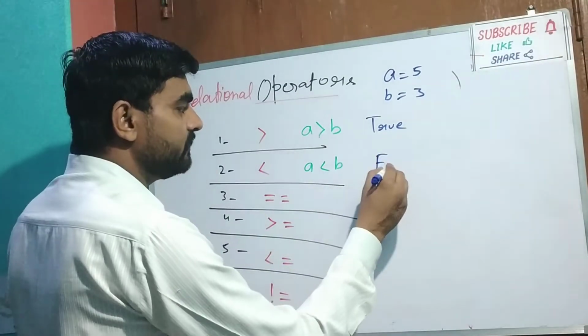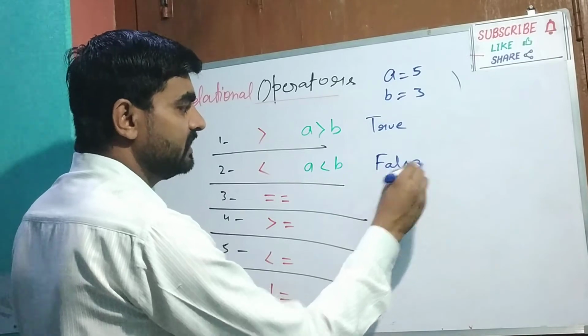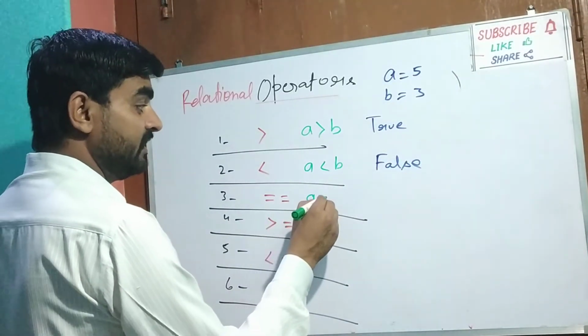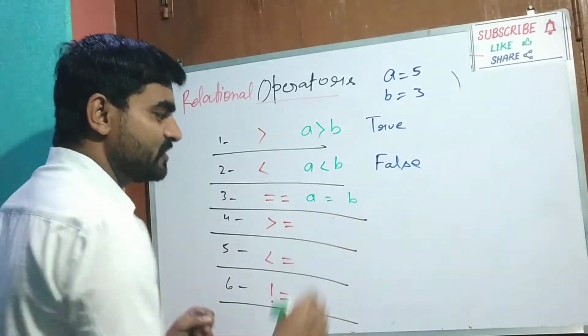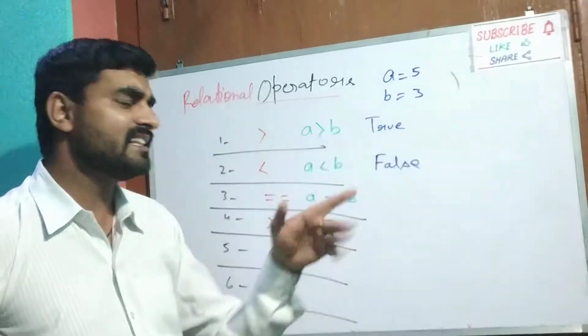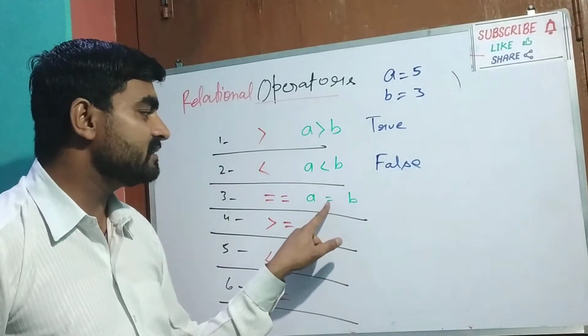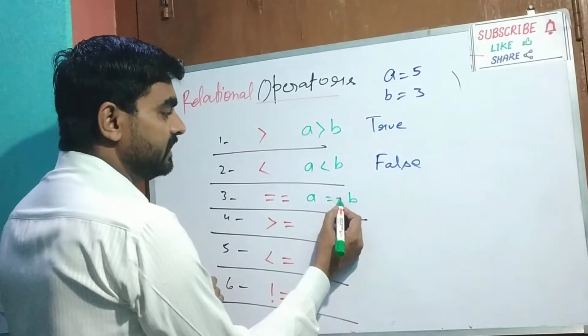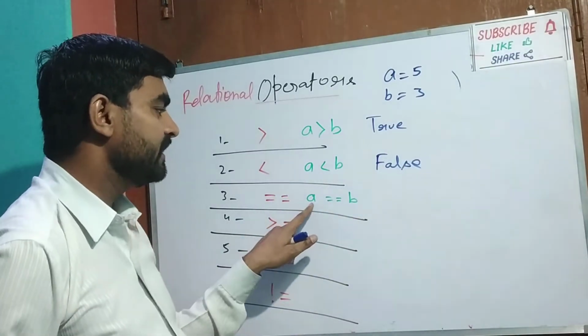So the result of this calculation is false. Again, if anyone says a equal to b, students, I have said this single equal sign means something else. In the next video I will explain what this symbol is. So here you have to put another equal sign. Now it becomes a equal equal b.